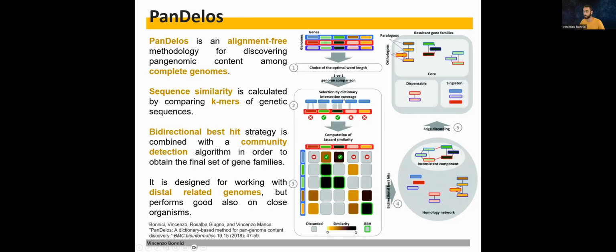Then there is a selection to filter gene pair comparisons. Then for each pair of genomes, we calculate the similarity between each pair of genes of the two genomes. And on top of this similarity, we can detect the bidirectional best hit. From the bidirectional best hit, then we go ahead.